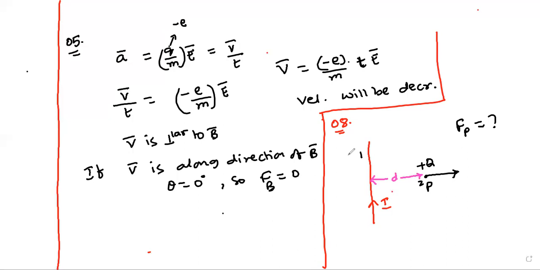Then I can say that F is equal to... we are having it like this now. This is the x-axis and this is the y-axis. Now, force acting on charge q.